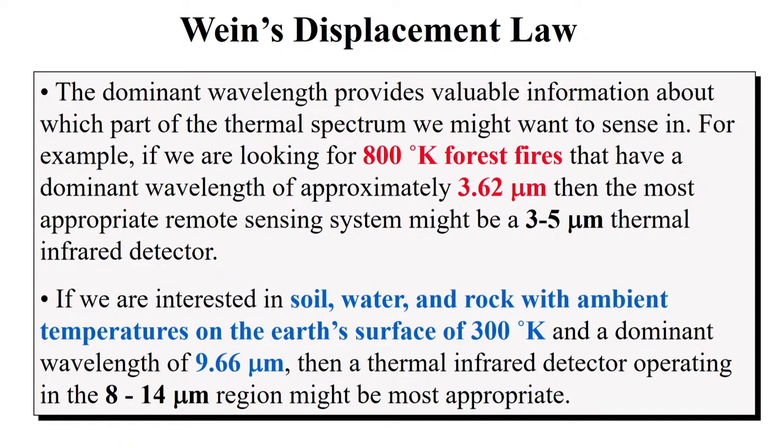If we are interested in soil, water, and rock with an ambient temperature on the Earth's surface of 300-degree Kelvin and a dominant wavelength of 9.66 micrometer, then a thermal infrared detector operating in the 8 to 14 micrometer region might be the most appropriate. Here you can see that most of the Earth observation satellites in thermal remote sensing are designed to acquire the data set in the longer wavelength ranges of the thermal infrared.